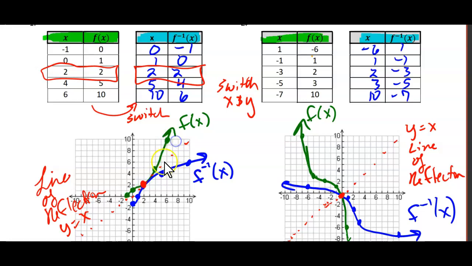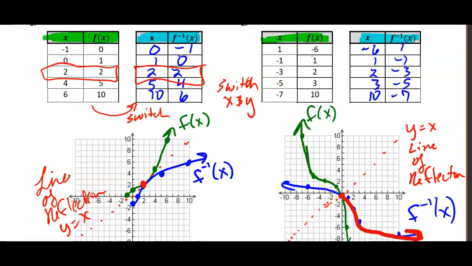So if you use this as the fold line, you should be able to see that if you folded the original graph down along that line, you get the second graph. Same idea here. Here's my original graph. Okay, let's just look at the top part. So there's my top part of the graph. If I fold that along the line of reflection, I do see that this happens.